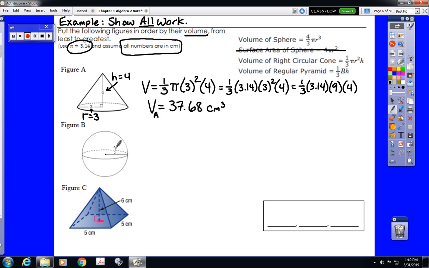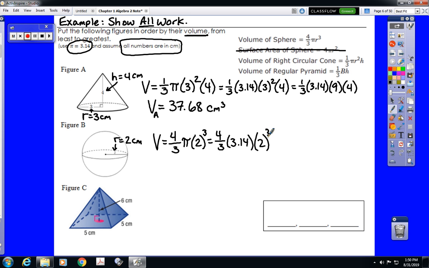Figure B is a sphere. Again, they tell us everything we need to know. The radius is 2 centimeters. All we need for that is pi and the radius cubed, so that'd be 2 cubed. Again, we're going to plug in our value for pi, 3.14.